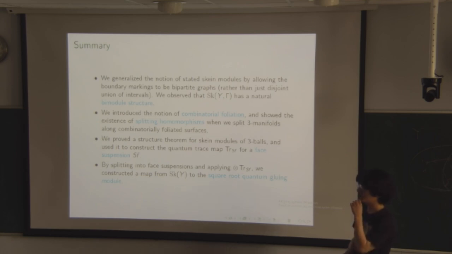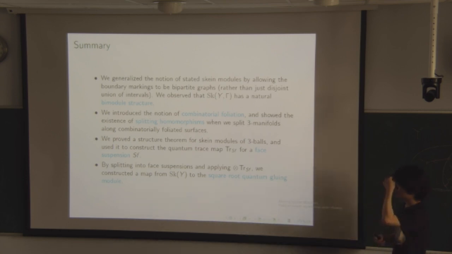In the sense of some numerical ones. Yeah, so I think one application of this would be that there are these state integral models giving some version of complex Chern-Simons theory.